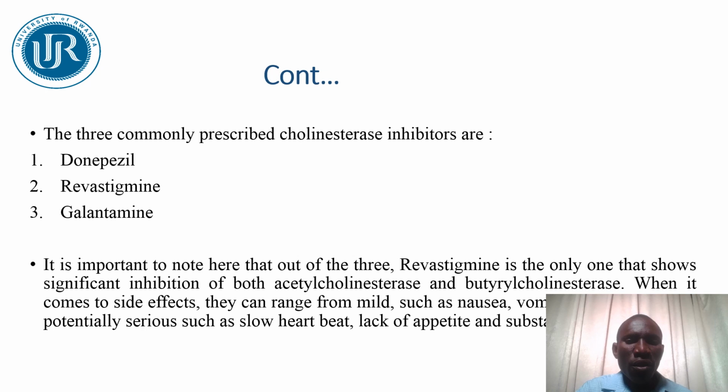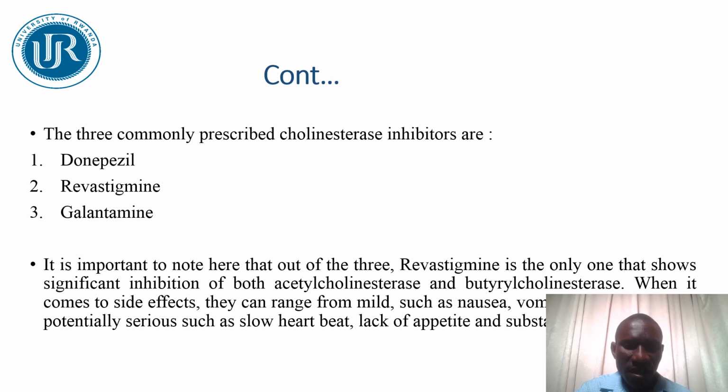Now, the three commonly used or prescribed cholinesterase inhibitors are 1. Donepezil, 2. Rivastigmine, 3. Galantamine. It is important to note that out of the three drugs, rivastigmine is the only one that shows significant inhibition of both acetylcholinesterase enzyme and butyrylcholinesterase enzyme.